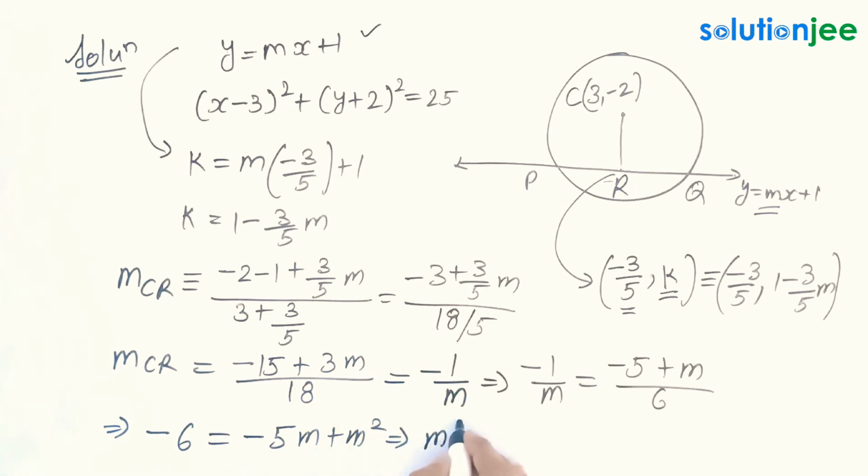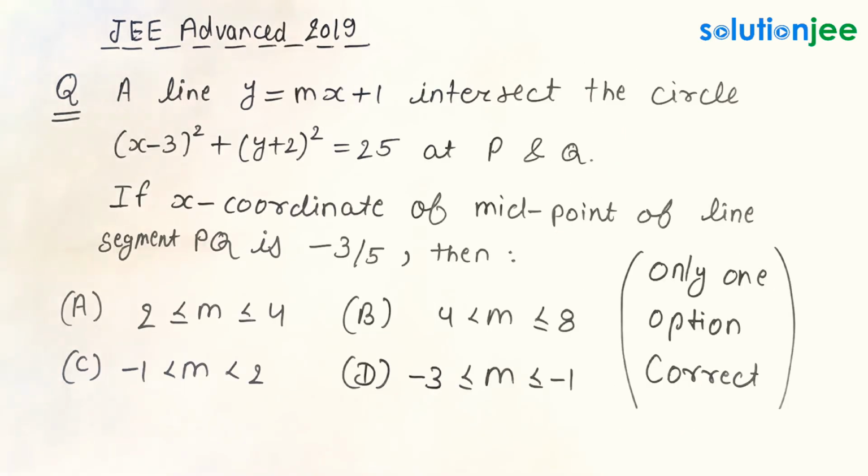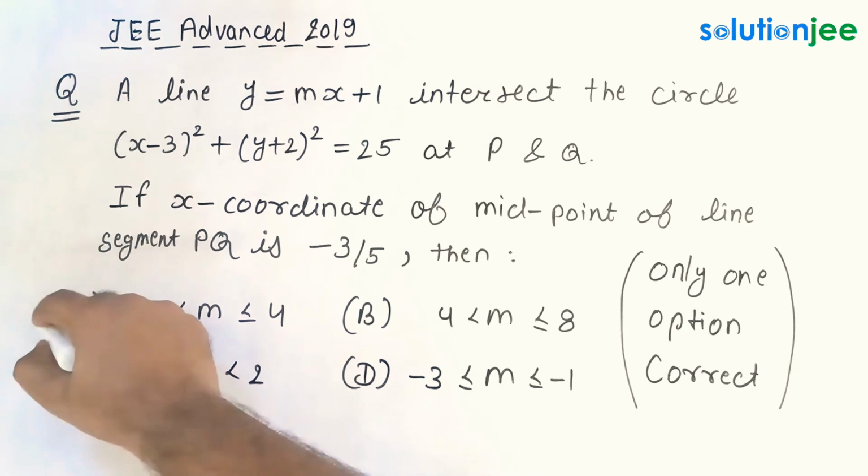That is, m square minus 5m plus 6 equal to 0. So from here we can see that m is equal to 2 and 3, which belongs to the closed interval 2 and 4. So the correct option is A.